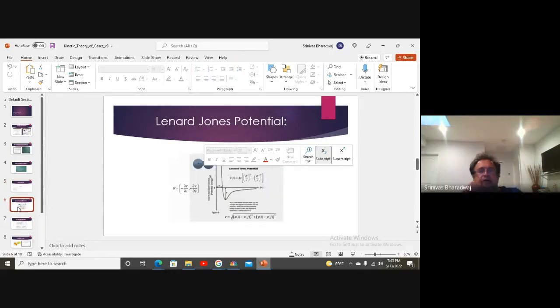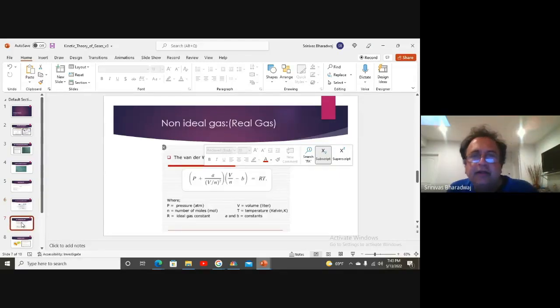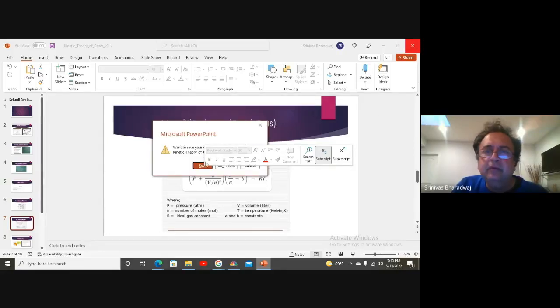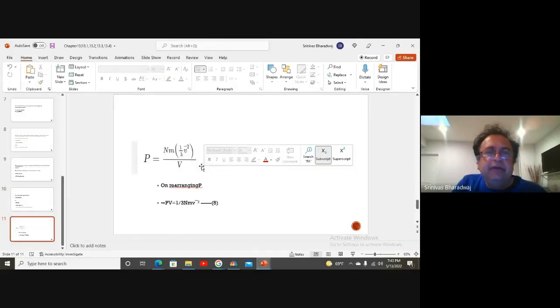This is a more complicated thing, and I don't think it is very useful. But the non-ideal gas equation, the real gas equation, is very useful.